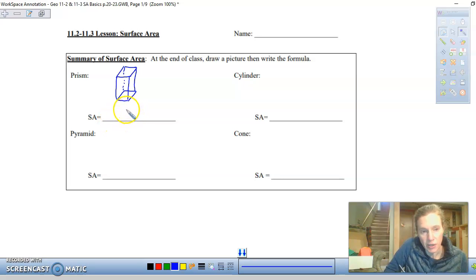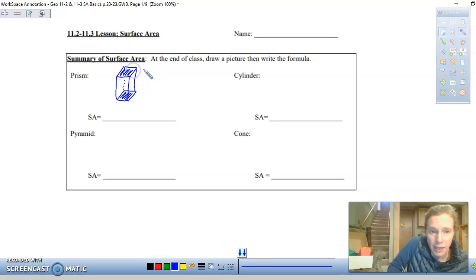So if we're doing surface area, you want to figure out the area of each one of these, what are called faces. So you have the bases that are faces. That would be this guy on the bottom and this guy on the top. And a capital B stands for base area.